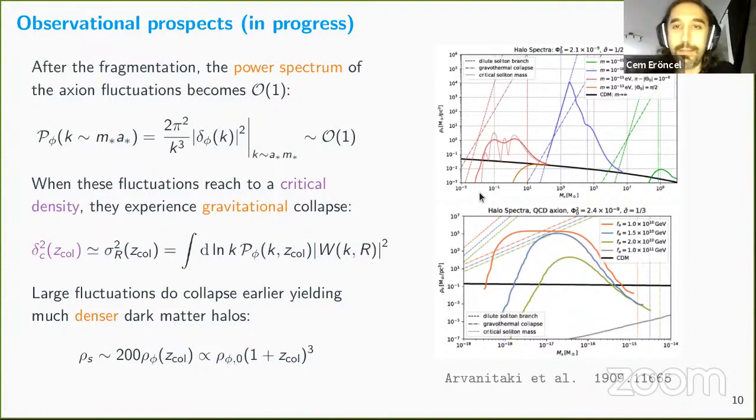At least that's what has been found in this large misalignment mechanism. Lower momentum modes corresponding to larger halo masses sort of merge to the CDM line. Therefore, I expect that the super-horizon modes are not affected by the fragmentation.